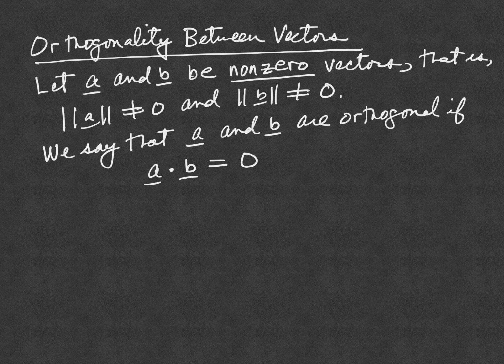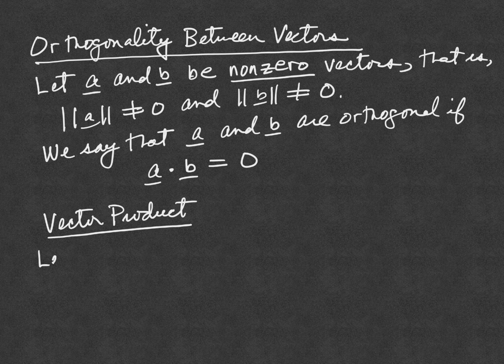Now, given that we've done that, we can use orthogonality of vectors to define the next key operation, which is what's called the vector product. And this is often called a cross product because of the operation that's used to define it.